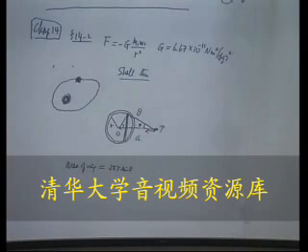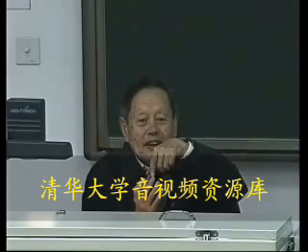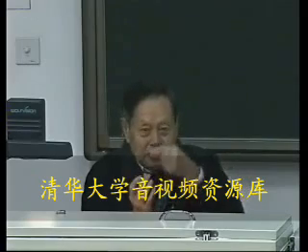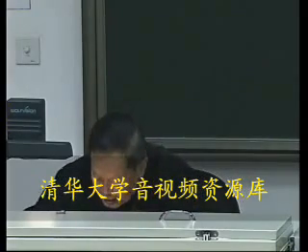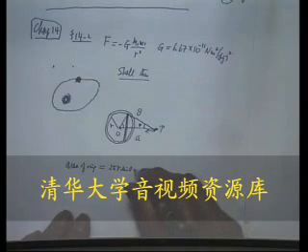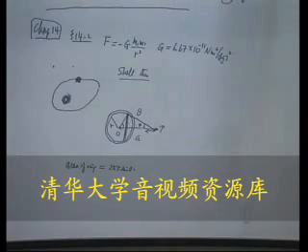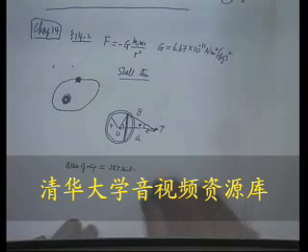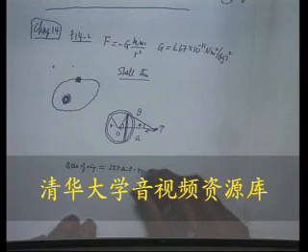The ring is a circle, its radius is r sine theta. So 2 pi r sine theta is the circumference. So the area of that is equal to that circumference times the width of the ring. The width of the ring is r d theta.